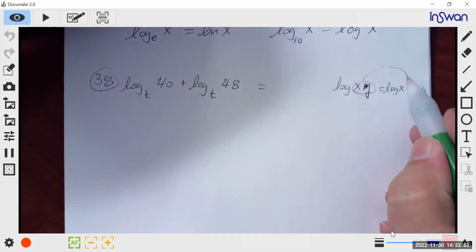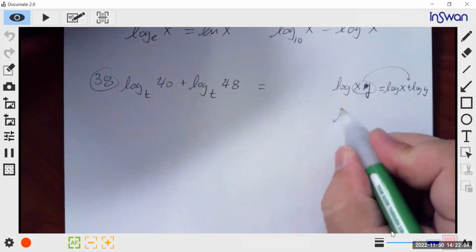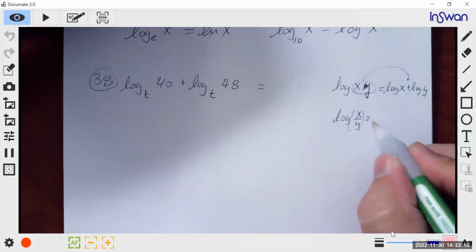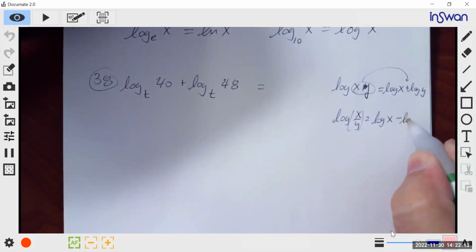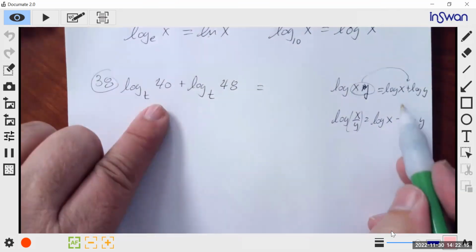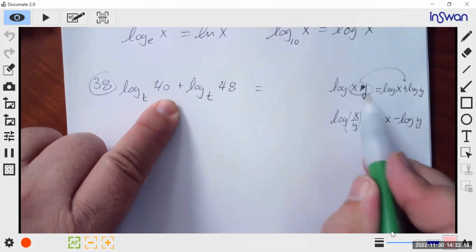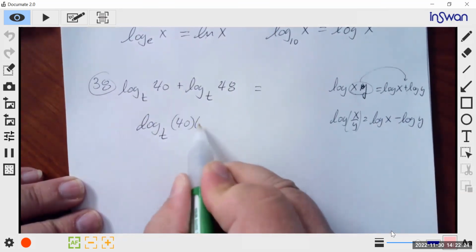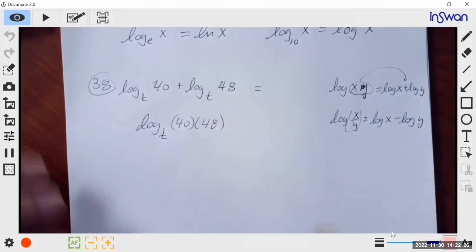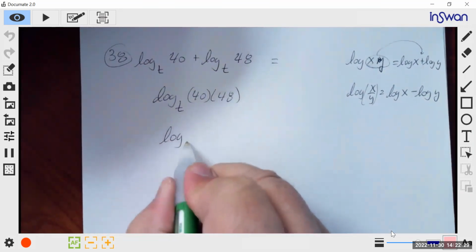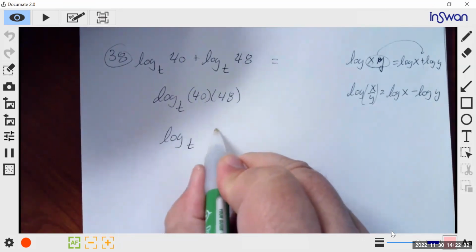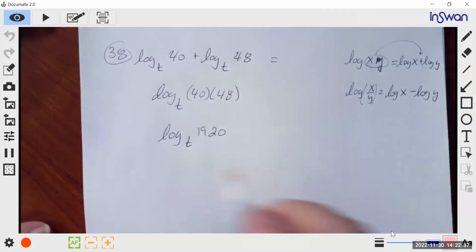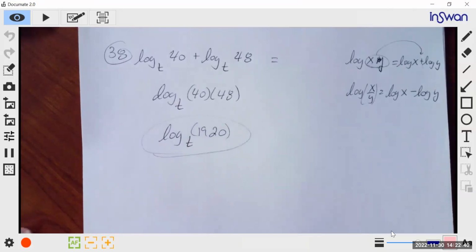So when you're multiplying them, it's a plus between them. If you're dividing them, log x over y, then you're subtracting them. So I have a plus between them, so I can combine them since they have the same base. Then I have 40 times 48, log base t. That would be your answer.